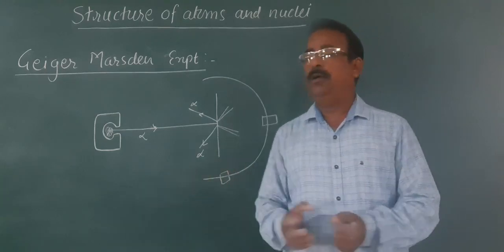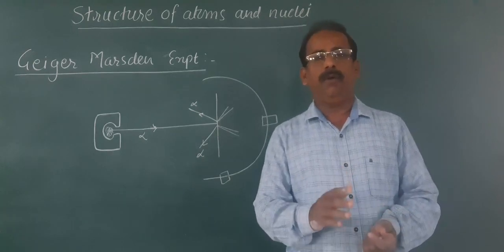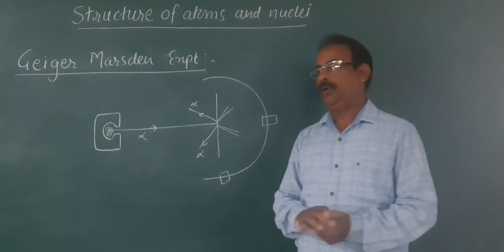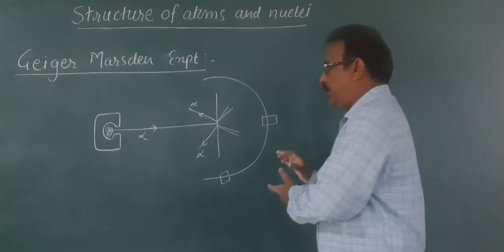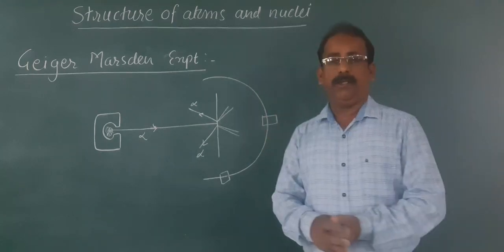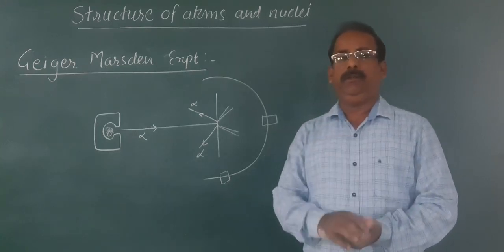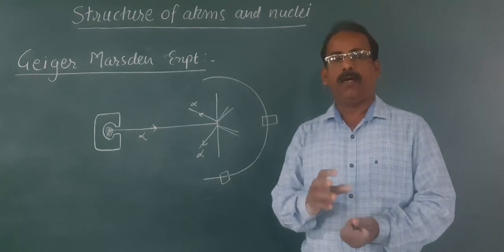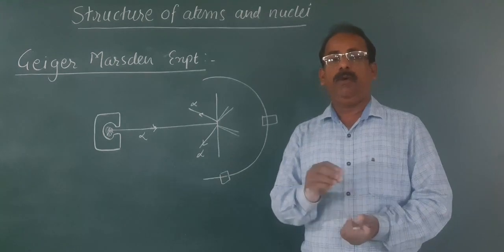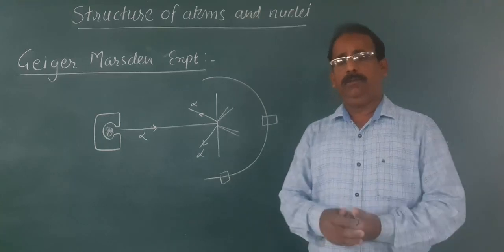This is called the Geiger-Marsden experiment, which is about the scattering of alpha particles. Rutherford studied this experiment and put forward some postulates about the structure of the atom, called Rutherford's atomic model.